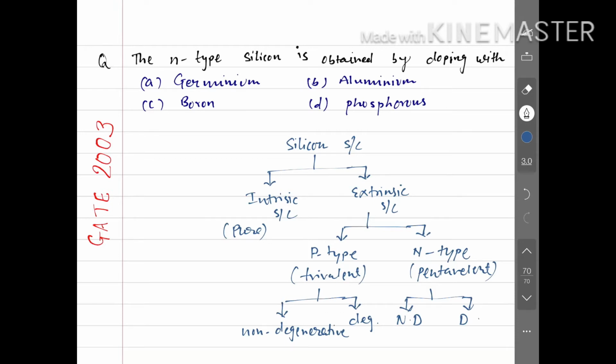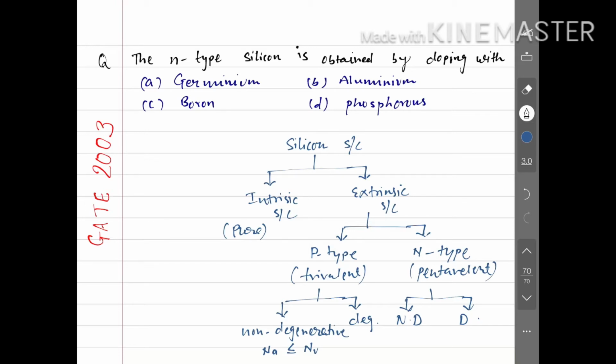Non-degenerative means that when the doping, in the case of acceptor Na, is less than or equal to Nv, where Nv is the charge density of holes.